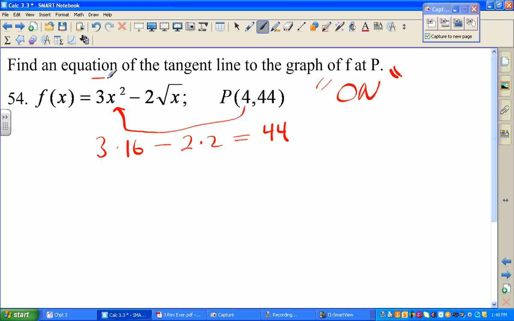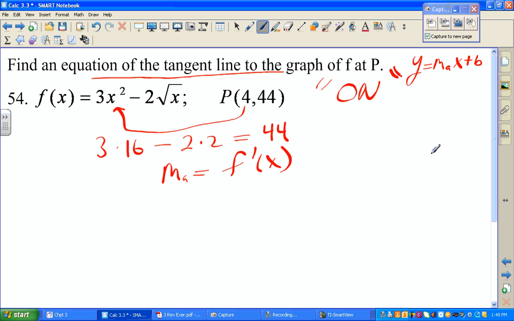Yep. Find the equation of the tangent line. Yeah, y equals mx plus b. Nope, you can use the shortcut rule. Remember we said m equals f prime of x, and the x is going to be 4.